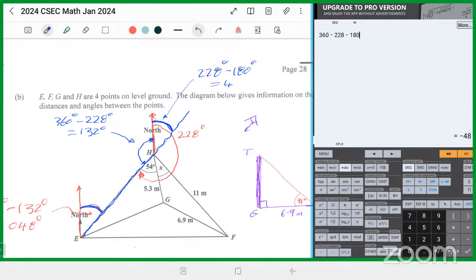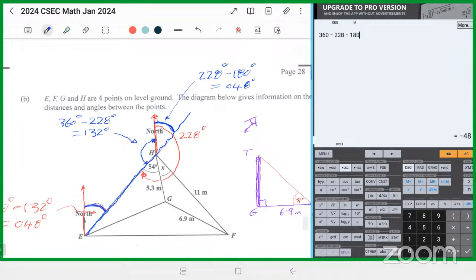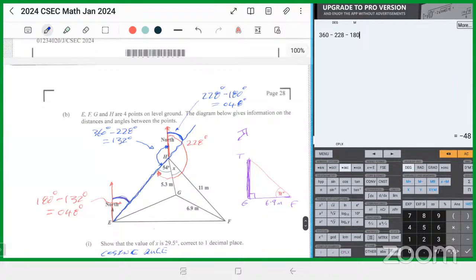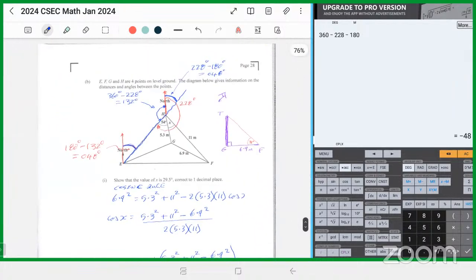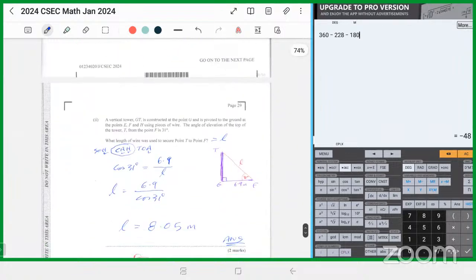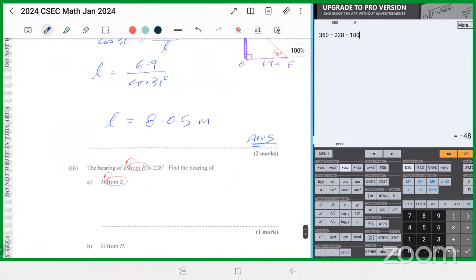And if I put a 0 on it just the same, it will be 048 still. So maybe that's the easier way: 228 minus 180 gives you that bearing angle of 048 degrees. So I've shown two ways to do it.